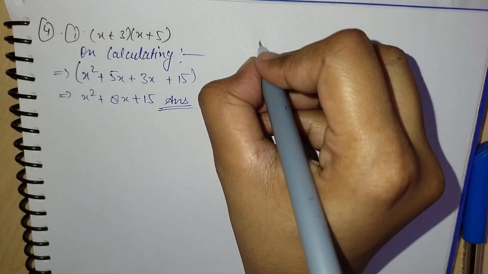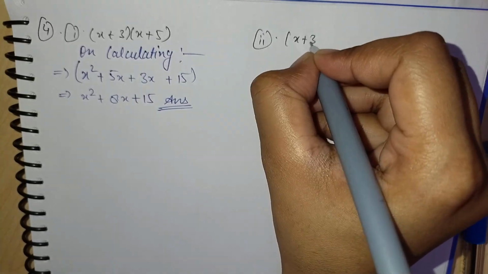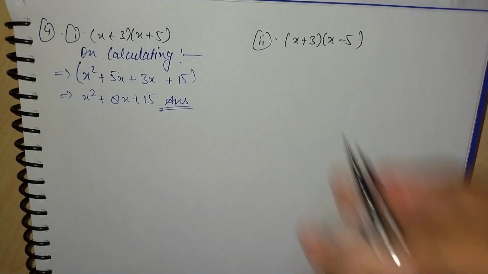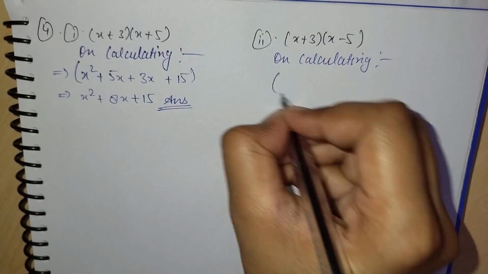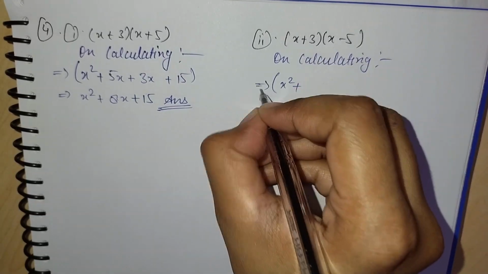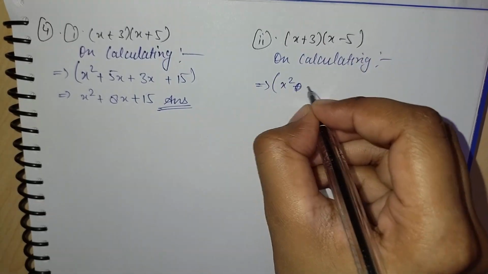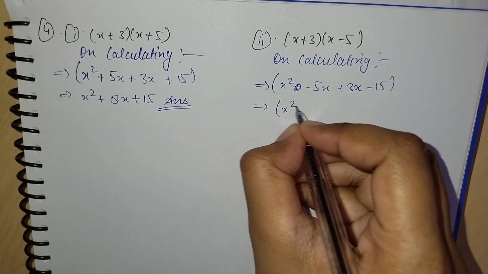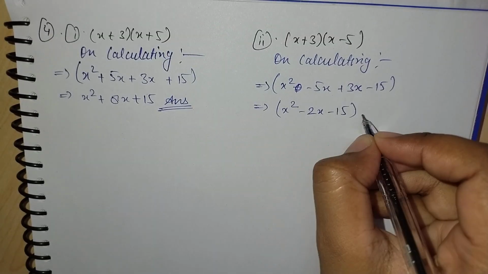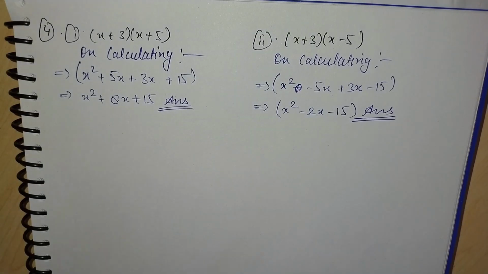Now the second part is (x + 3)(x − 5). On calculating this, here we will get x² − 5x + 3x − 15 equal to x² − 2x − 15 as the answer in this question.